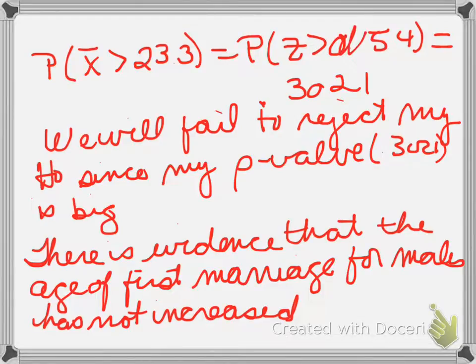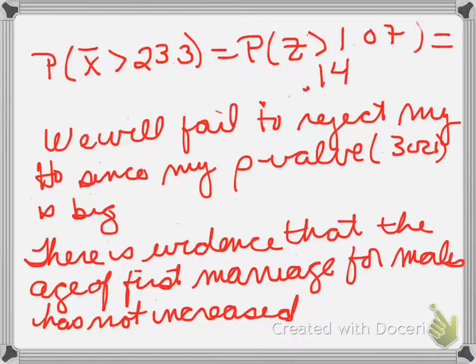Here I will change this to be negative 1.07, and then I will have 0.14, is it 42? 47. Sorry about that. Put it in here. Okay, still big. Okay, I answered E, so let's go do D.